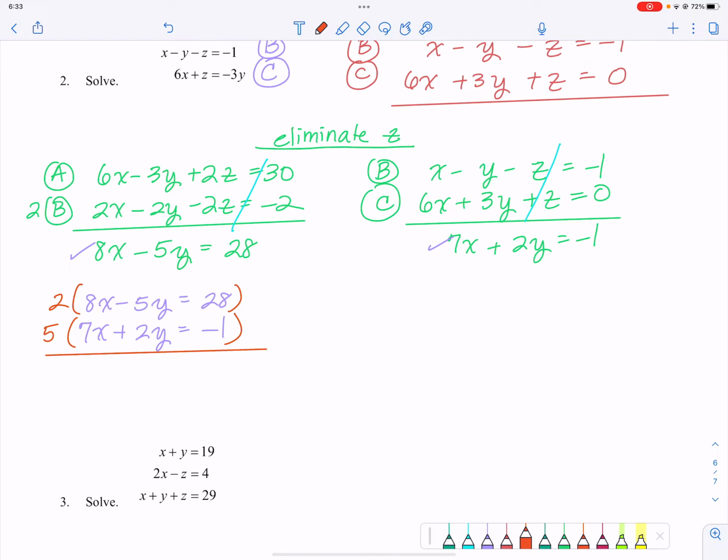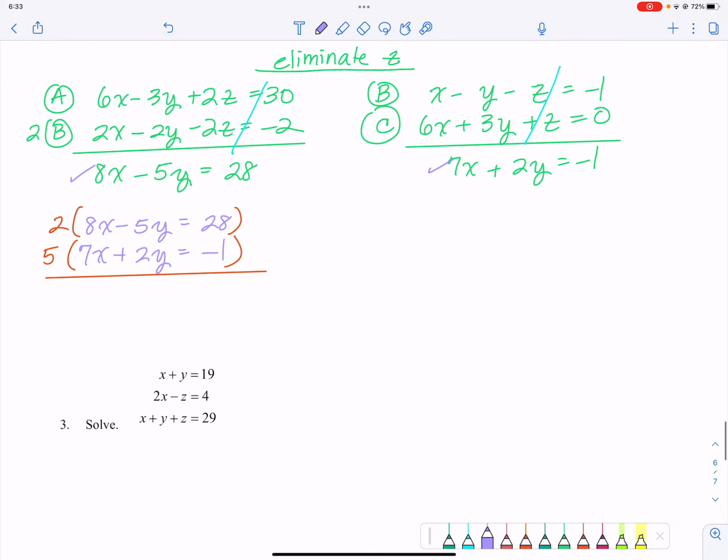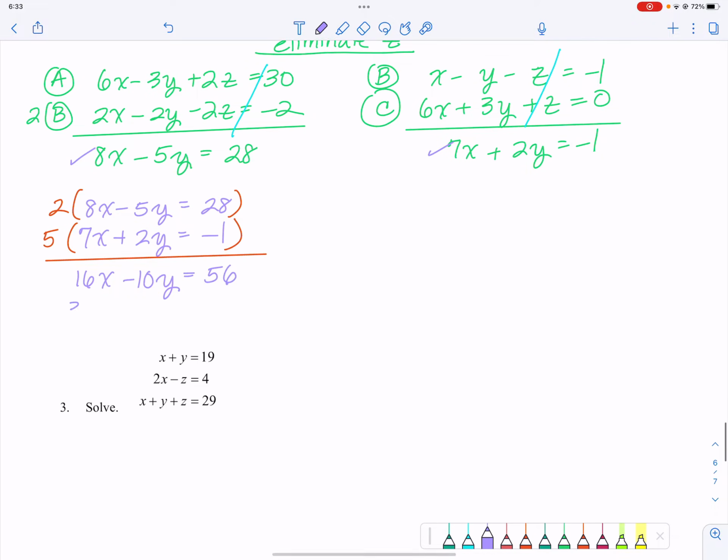And it looks like we could eliminate y. So let's see. So we have 16x minus 10y equals 56. And then 35x plus 10y equals a negative 5. And we have eliminated y.